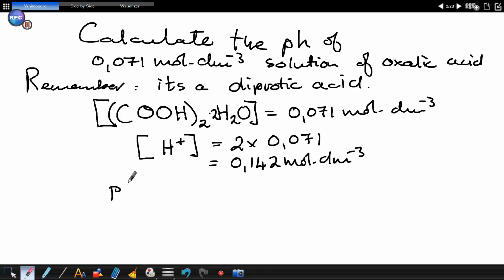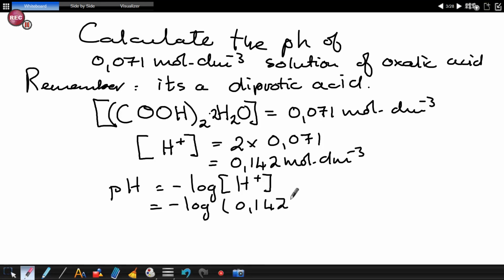What's your pH then? Negative the log of the concentration of the oxonium ion. So it is negative the log of 0.142. 0.85. Ma'am, what if you didn't do that top step, but you said 2 times 0.071 inside of that log? Would you get the marks? Or would you have to show the working before? Yeah, it's fine.